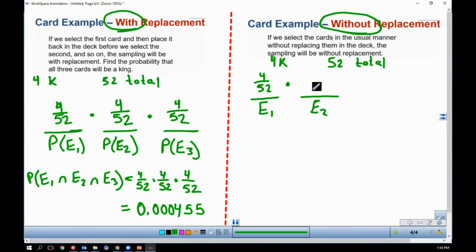So what would the probability be for the second one? 3 out of 51. Is it just E1 on those? Technically it is. I'm just being lazy.